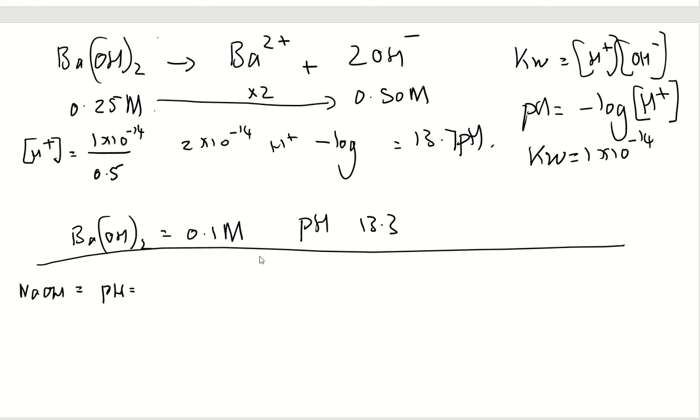We've been told it has a pH of 12.8, and we've got to calculate the concentration of that NaOH. So we just have to remember that the NaOH produces hydroxide ions in a 1-to-1 ratio. So I do the same as I did earlier. I do 10 to the minus 12.8.